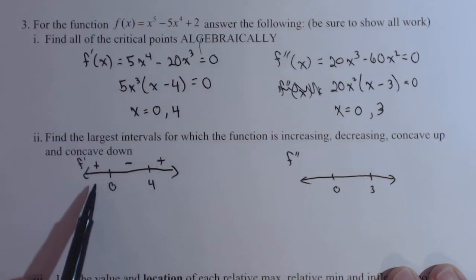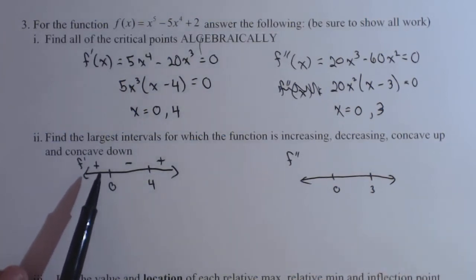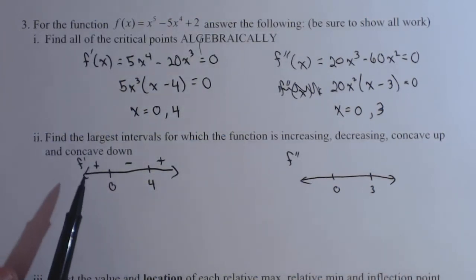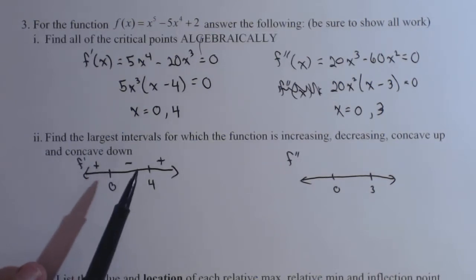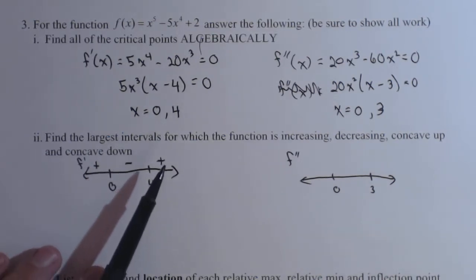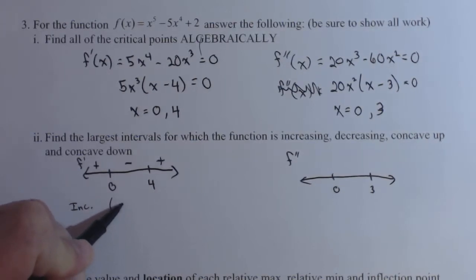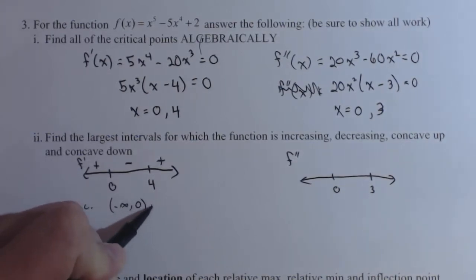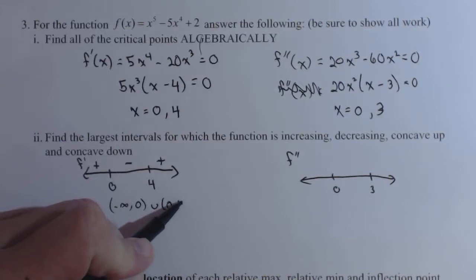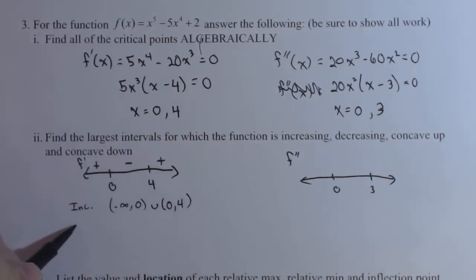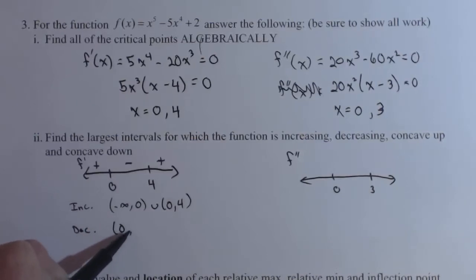So from this, the function should be increasing up to 0, decreasing between 0 and 4, and increasing again from 4 to infinity. So increasing, we have negative infinity to 0 and 4 to infinity. Decreasing, we have just the interval 0 to 4.